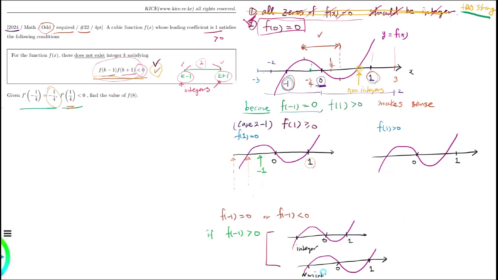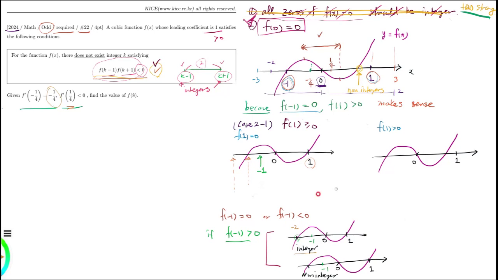For the first case, when the smallest zero is an integer, since f of negative 1 is positive here, this integer value could be negative 2 or negative 3, as you like.